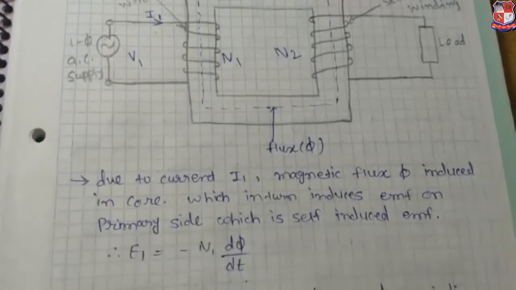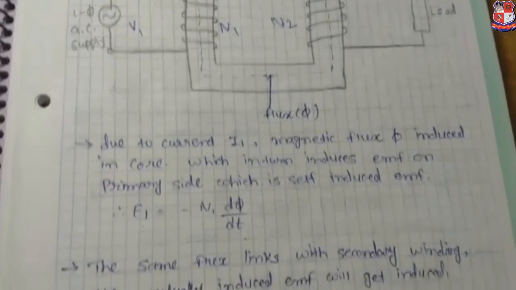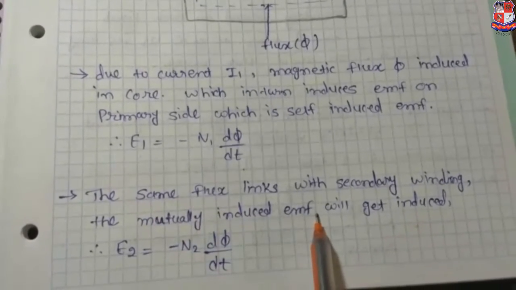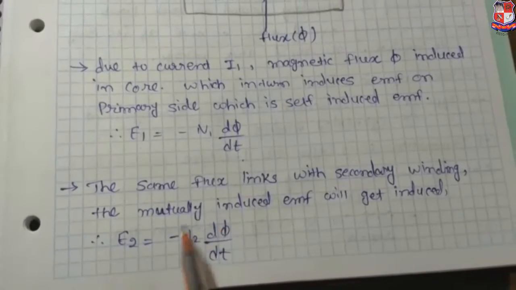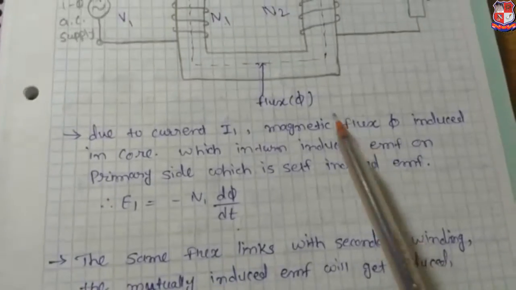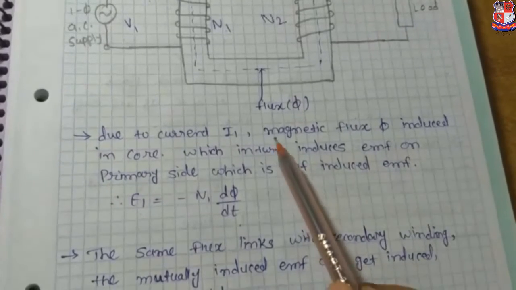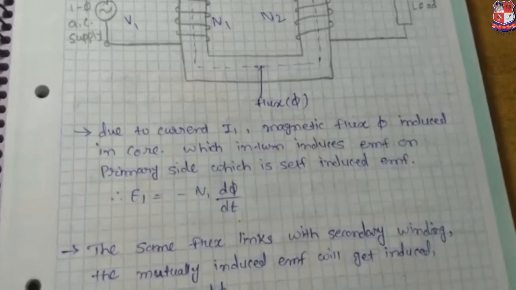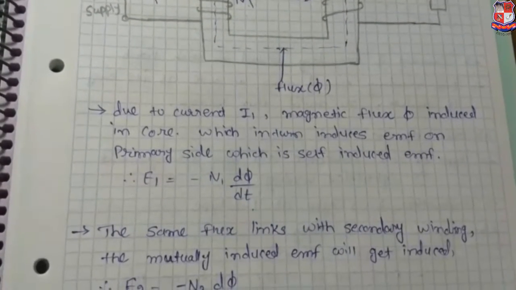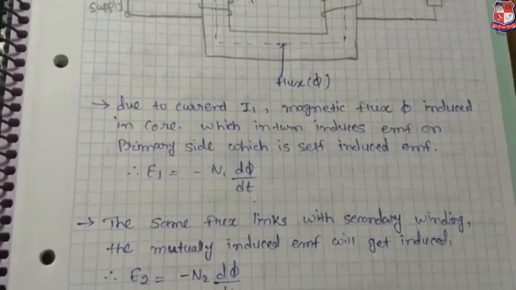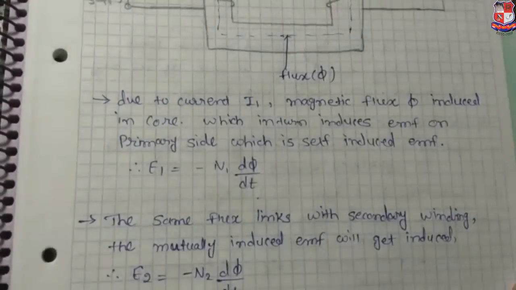So due to the flux of the primary winding, in secondary winding we will get EMF which is called as mutually induced EMF, and this is given by E2 is equal to minus N2 d phi by dt, where N2 is number of turns in secondary winding and phi is flux through this magnetic core. So this is the basic working principle of transformer, in which it works on the principle of electromagnetic induction.